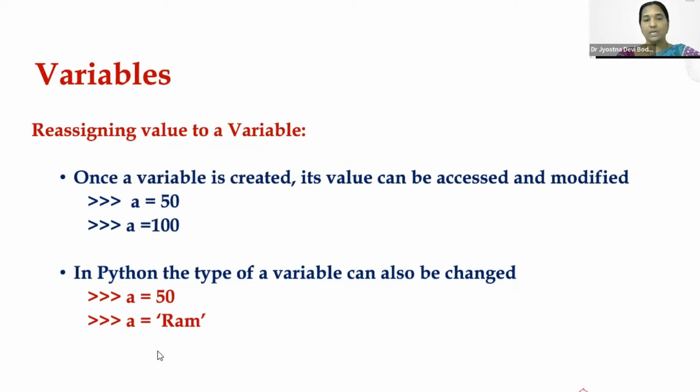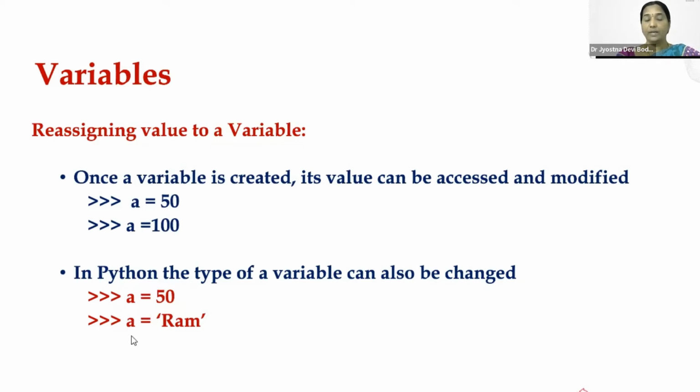Now consider, is it valid to change the type of a variable during the execution of the program? In the same program, of course, it is valid in Python. In other programming languages it is not valid, but here it is. Consider the statement a equal to 50. Now a is created as an integer type because we are storing an integer value. But after a few statements, I am trying to assign the string ram to a. This is also valid.